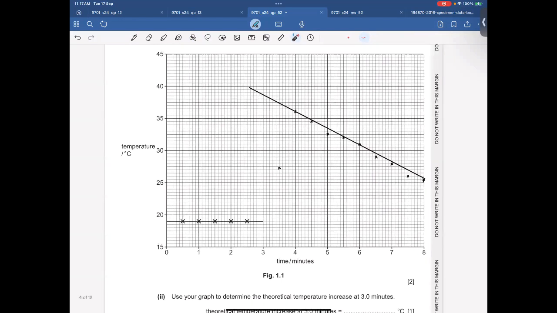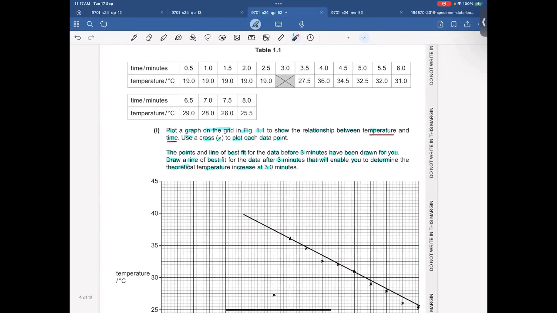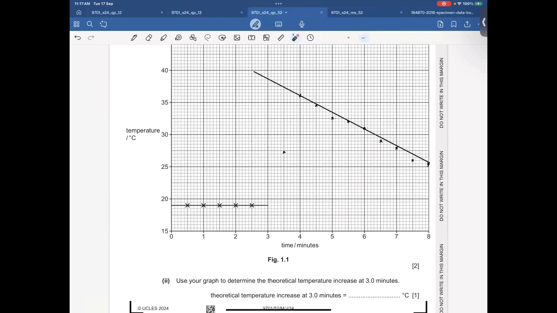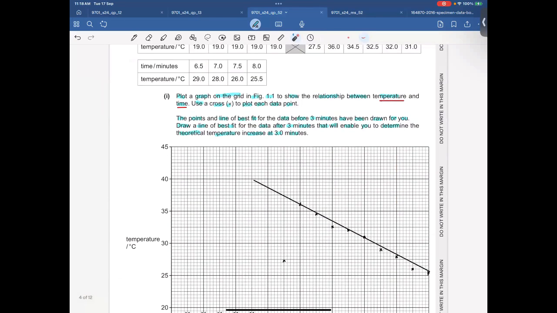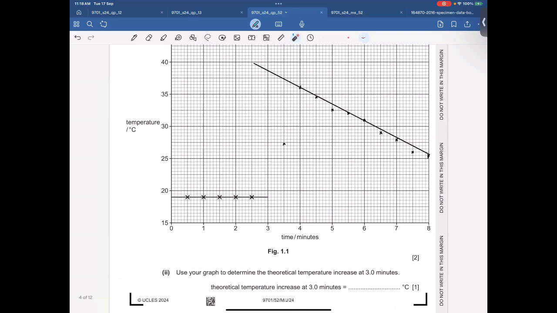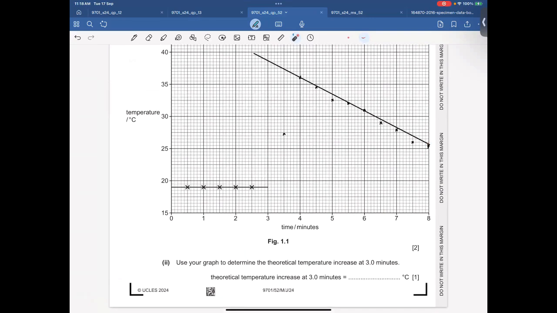And at 7, 28, 25, 26, 27, 28. That's also right. And at 7.5, 26, 25, 26. That's right. So that's the only point.